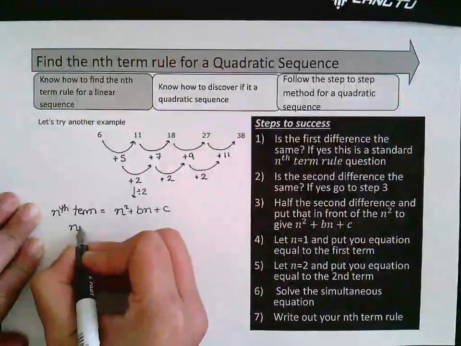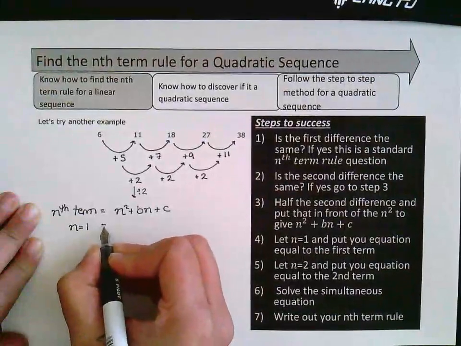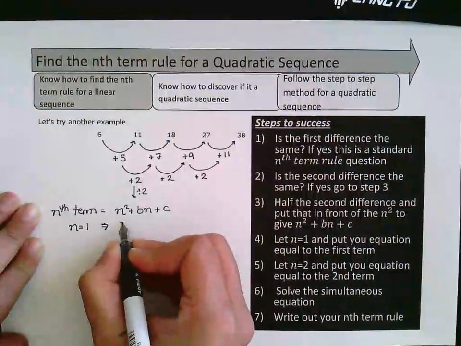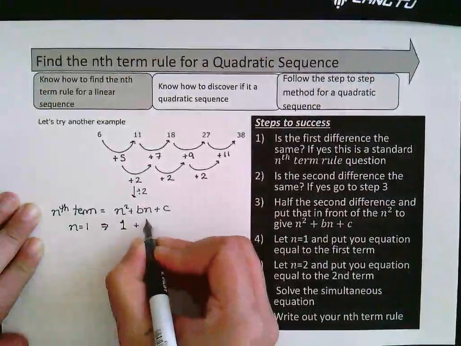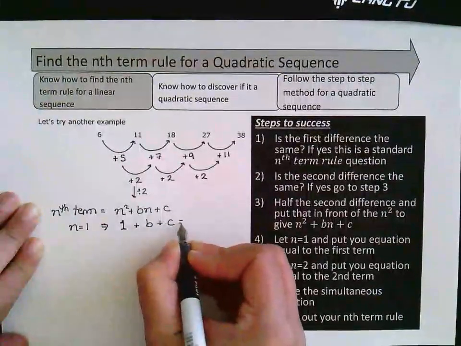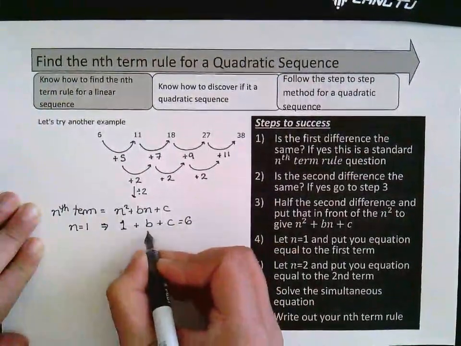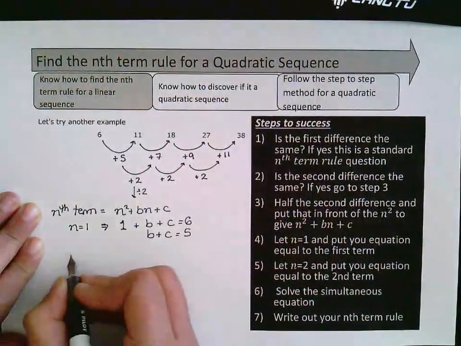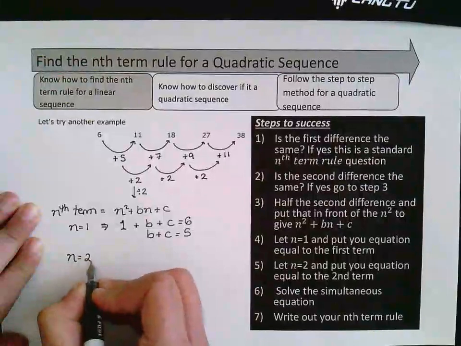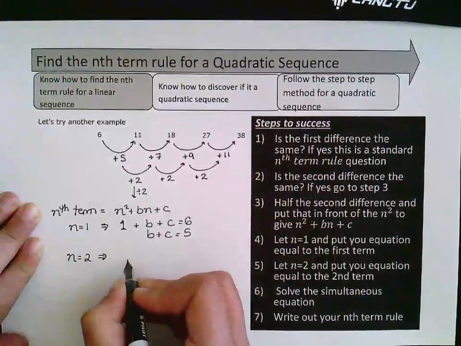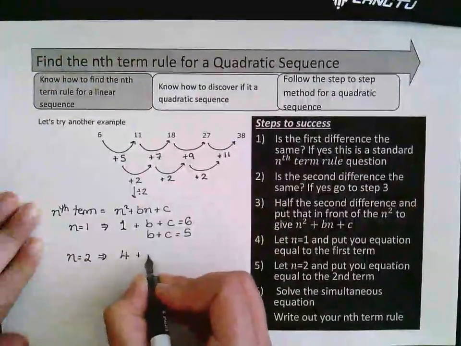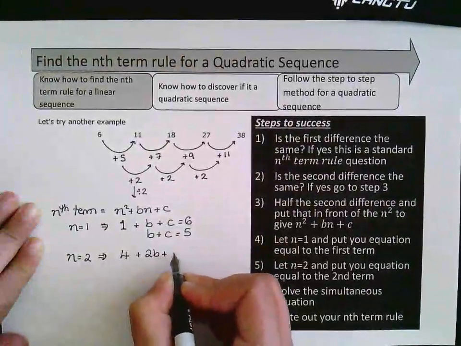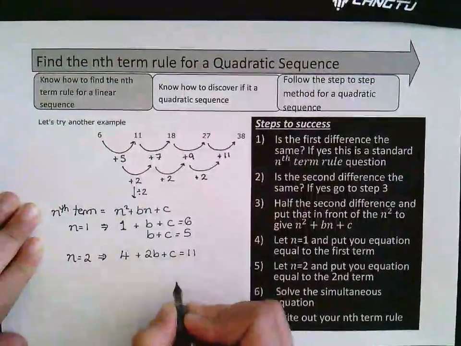So let n equal 1. 1 squared is 1, plus b plus c is 6. b plus c equals 5. Let n equal 2. So we get 4 plus 2b plus c equals 11.